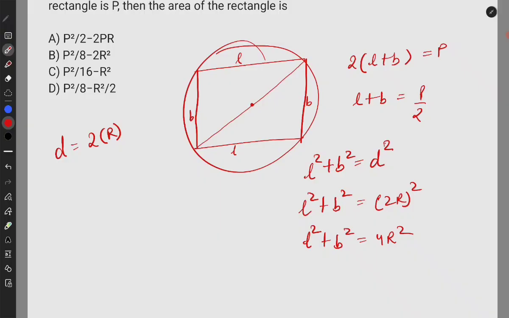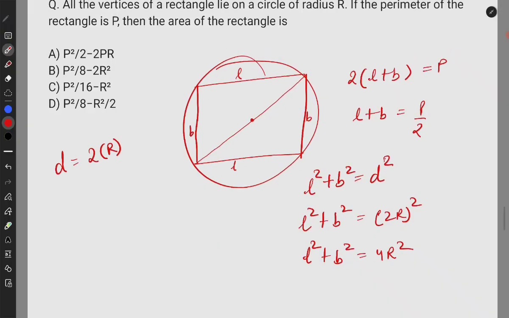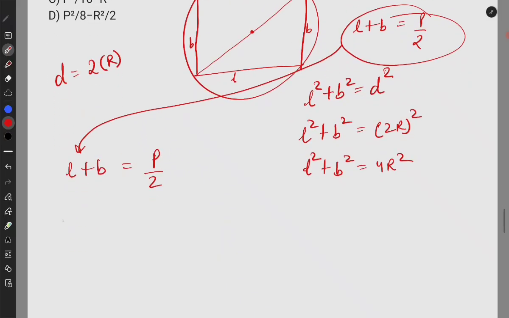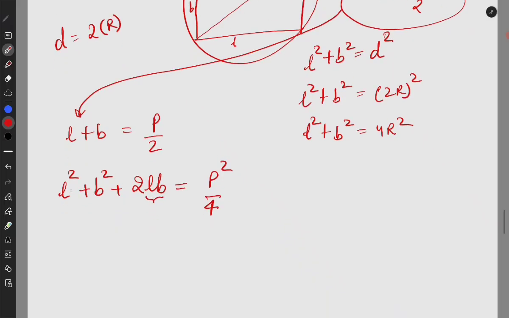Right, now we are looking for the area of the rectangle. Now see this thing, L plus B equals P by 2. If you square both sides, you will see L square plus B square plus 2 times LB equals P square by 4. Now L into B is the area of the rectangle, we can use it.